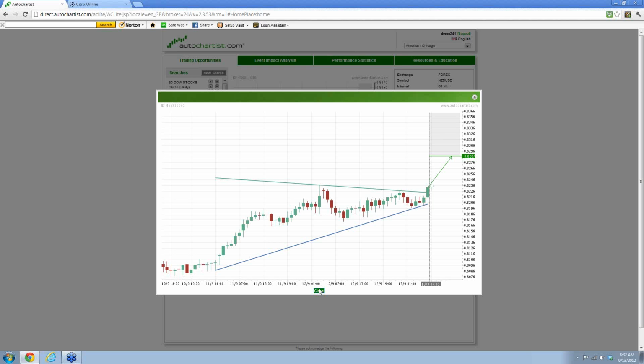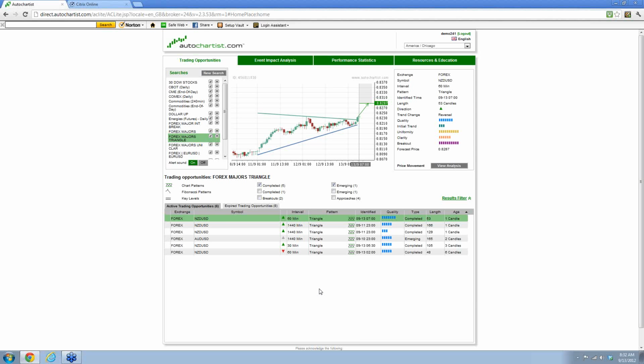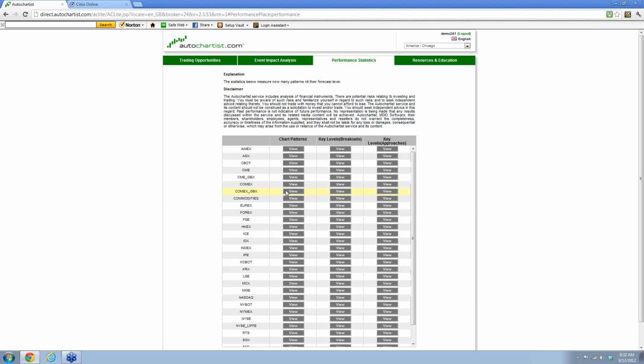Now, one key element that Autochartist offers that a lot of programs don't is that we have broken down these chart patterns and looked at the success and failure rate. And so it is possible that you can go through this table and you may want to choose maybe 80 as your criteria, and you can set up a search with only patterns that have 80% accuracy, such as a double bottom or head and shoulders or inverse head and shoulders.